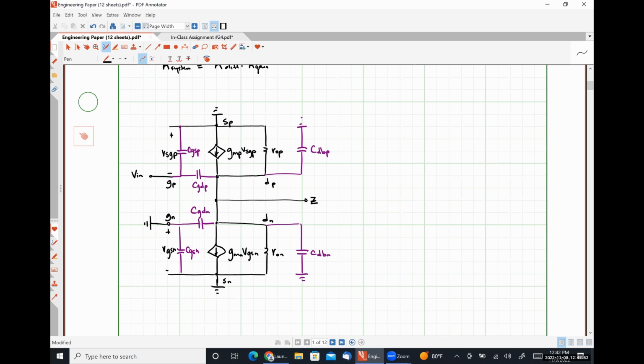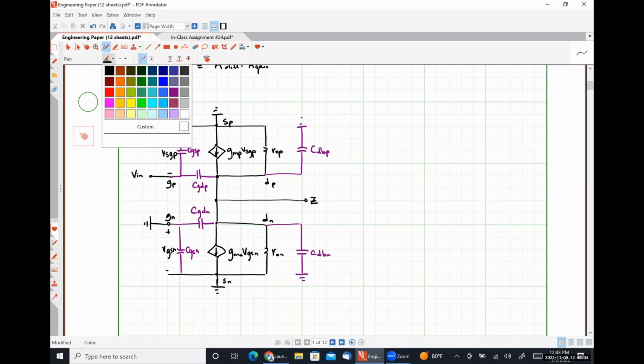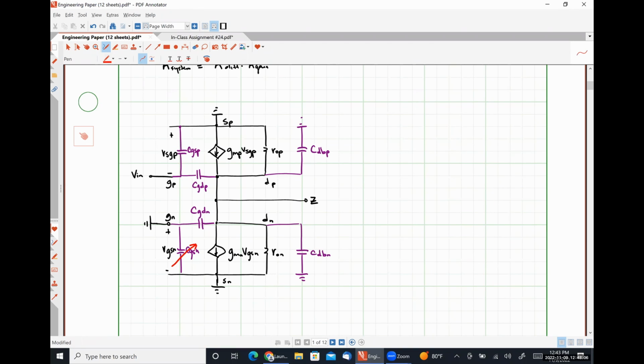All right, so a couple of things that we can note is that since the gate of our NMOS transistor, excuse me, and the source of our NMOS transistor are at the same potential, CGSN is shorted out and does nothing. VGSN as a quantity is also 0, which means this current source behaves like an open circuit.